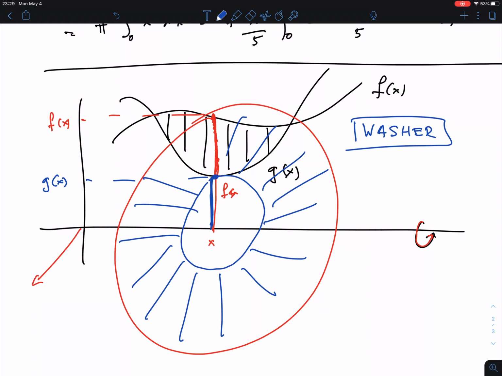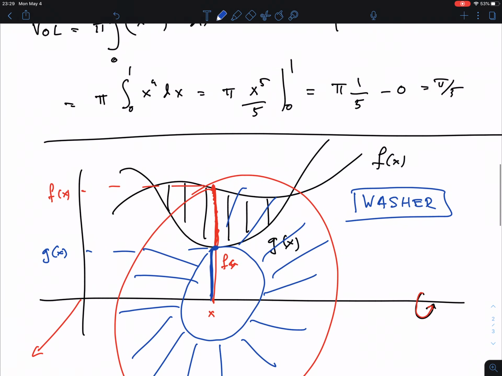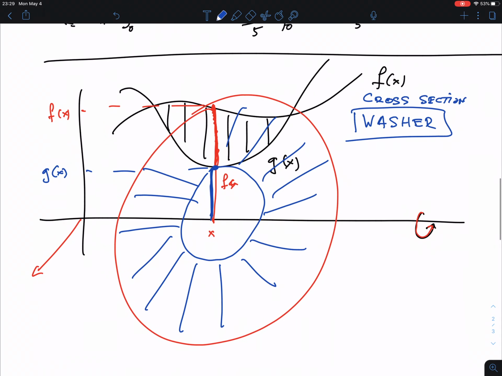And so what we need to know is what's the area of that washer, right? That's the cross section. So this cross section here is a washer. So what's the area of a washer? Well, it's a circle minus a circle. We have an outer radius, the red one, that's the big outer radius of this thing.